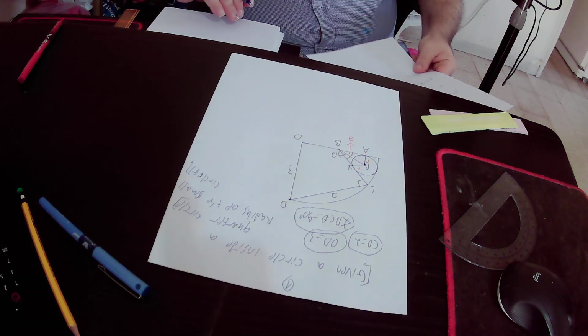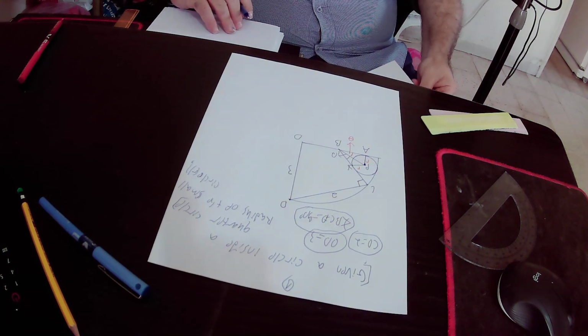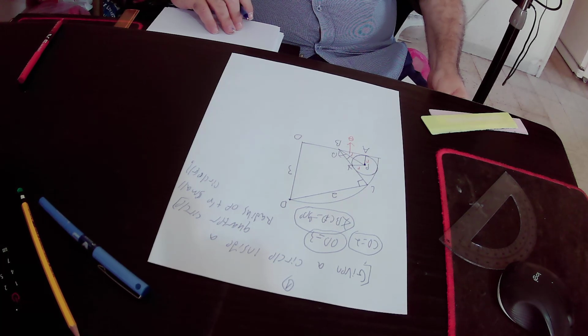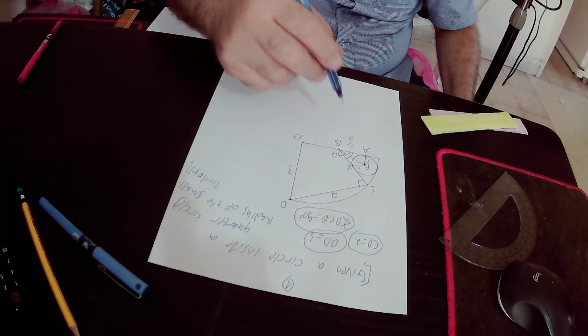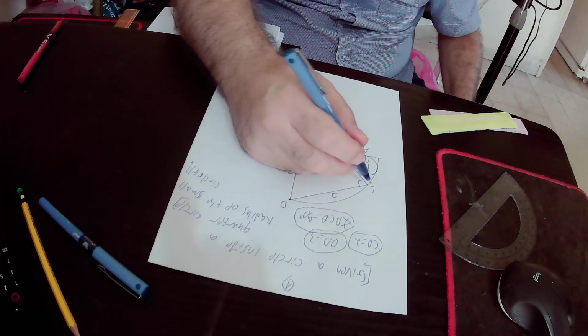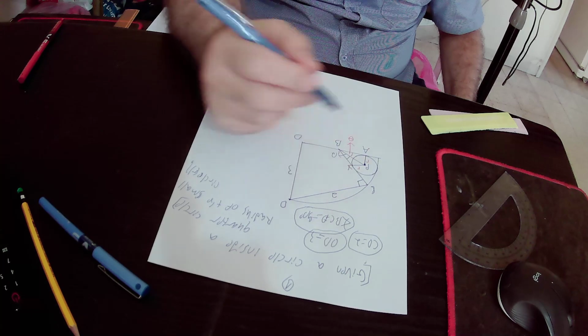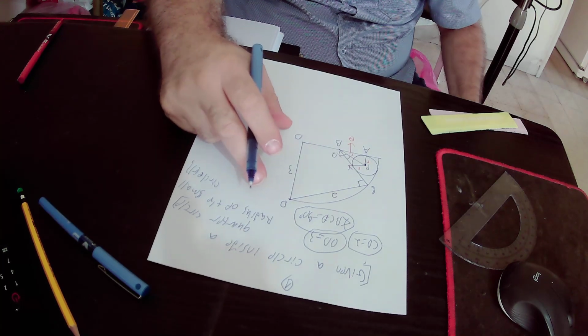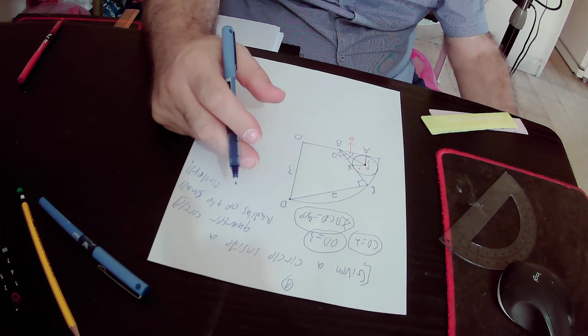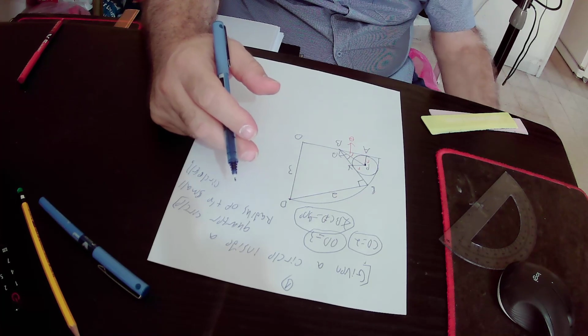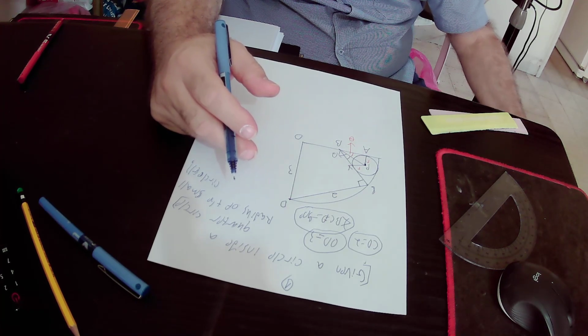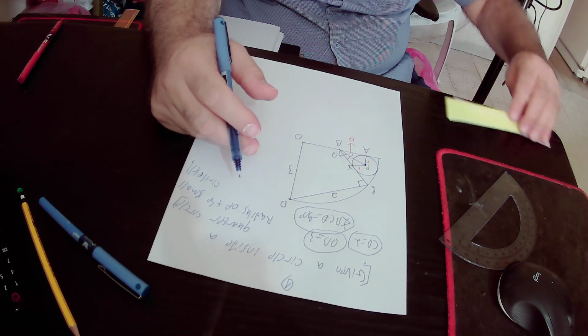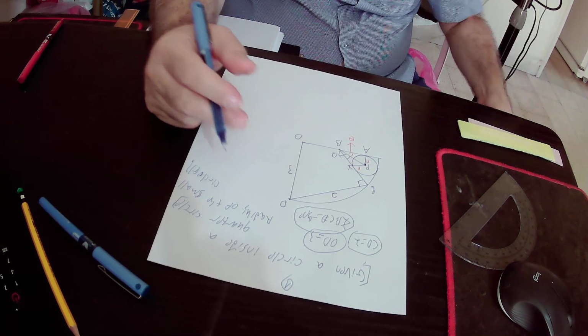Okay, so in the next step we will extend CB and OD until they intersect with each other at a point.